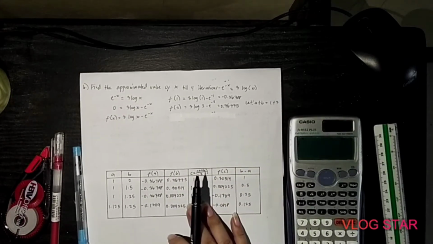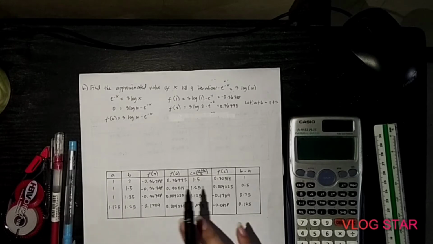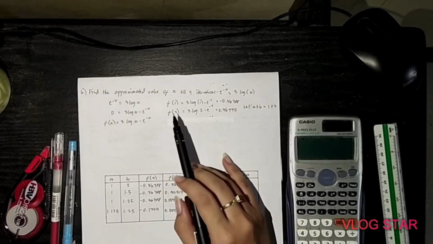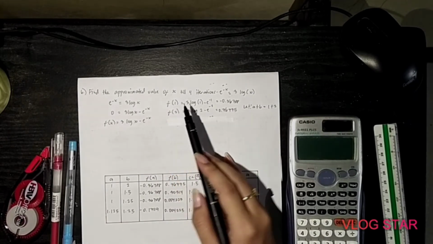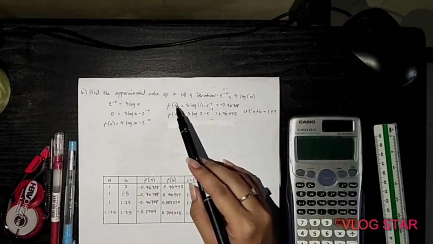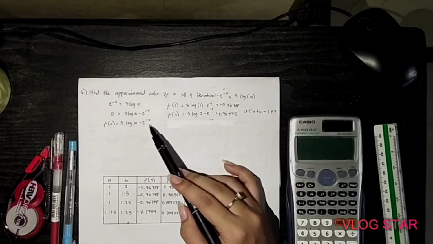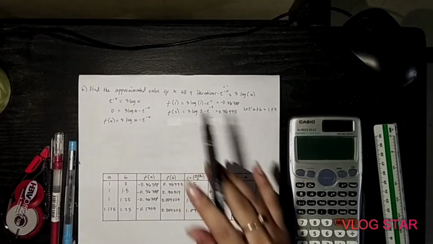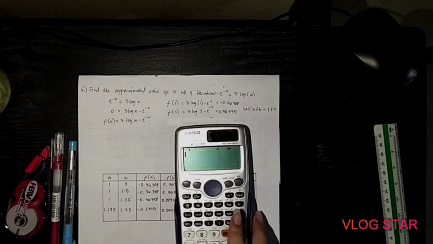So now let's assume or find numbers that will be the range of our roots. Let's start with the number 1. Let's substitute 1 into the x of the function. So now let's input this equation in the calculator.